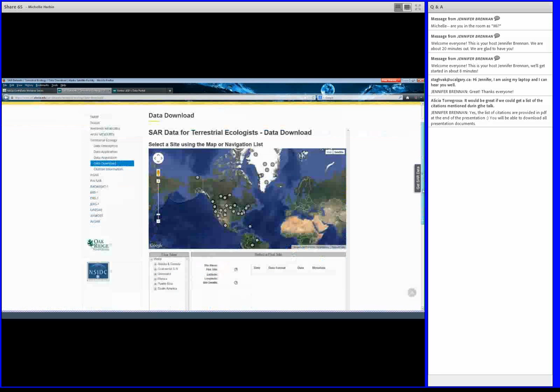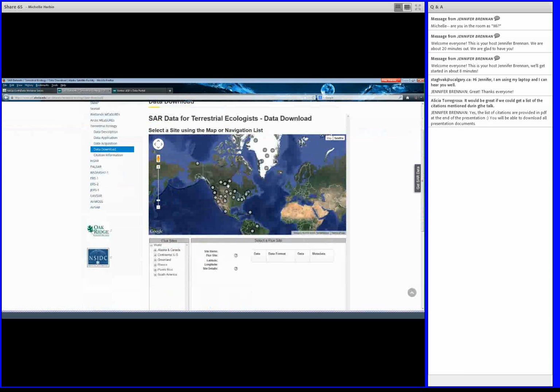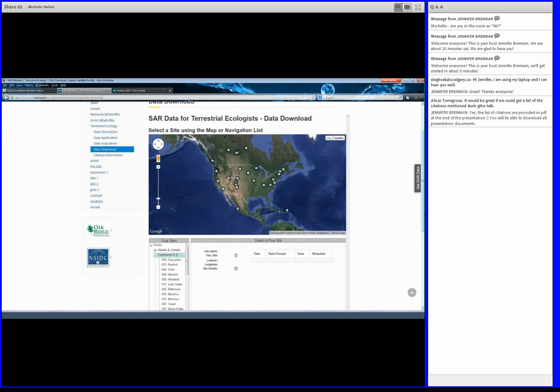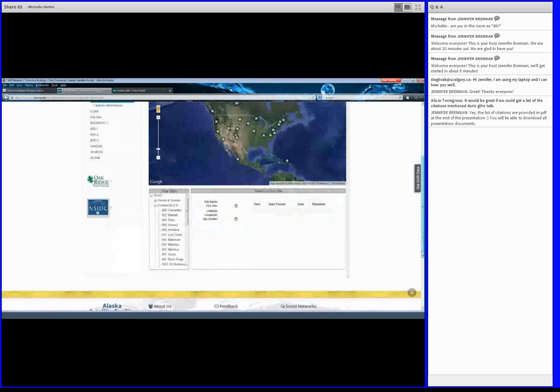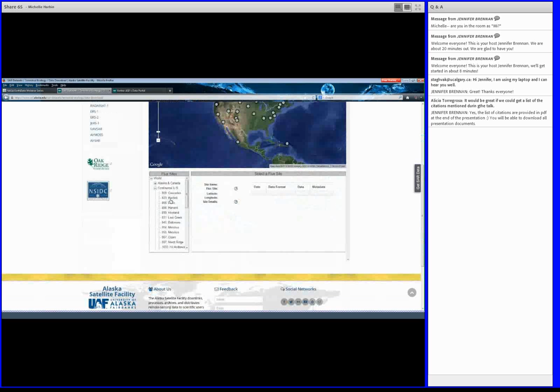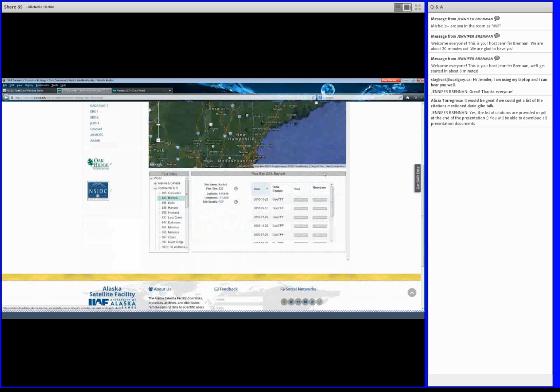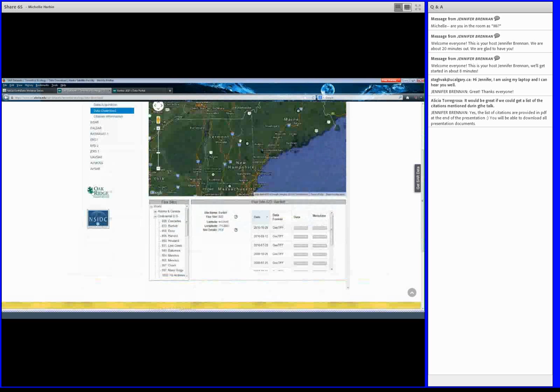And what will appear is you have this interface with the map. The little dots represent the locations of data. You can either click on those, or you can use the menu on the left-hand side, down here at the bottom. I'm going to use the menu and click on the Bartlett site. You'll see on the map that it actually moves me to the location of that.